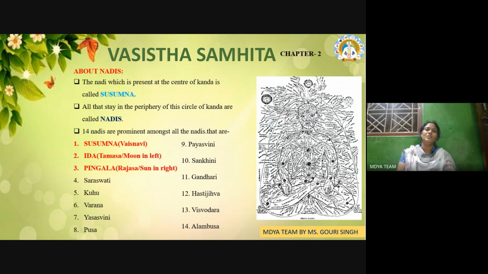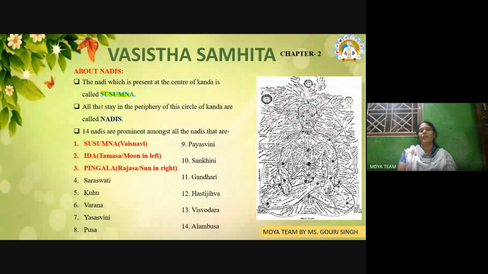The nadi which is present at the center of the kanda is called Susumna. Here in the middle of the kanda is the Mula chakra, and the main nadi present in the kanda is called the Susumna, directly mentioned by Vasishtha.